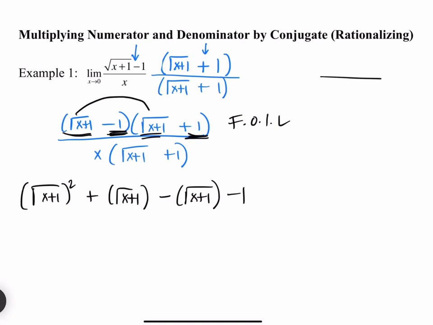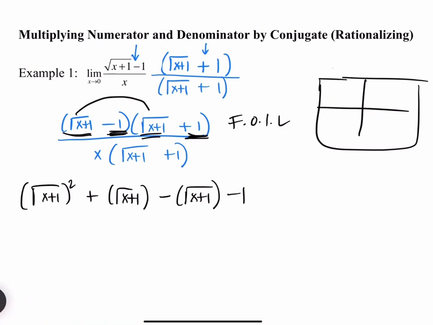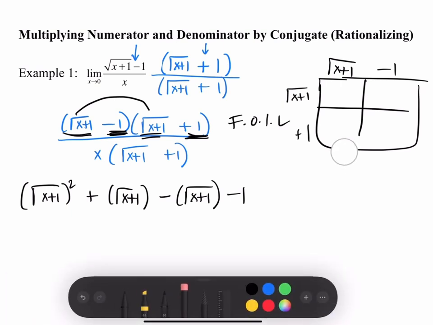Okay. Again, I don't like to waste time using the box method, but if you're wondering how would I get that using the box method, this is the one and only time I'm going to show you guys. So you would do your x plus 1 minus 1, and then you do your radical x plus 1 plus 1, and then you multiply rows and columns. Okay, you should get the exact same expression that I got.